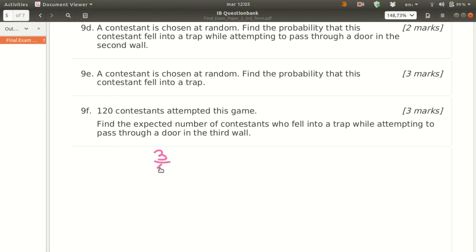It's 3/4, making it past the first, times 3/5, making it past the second, times 1/2, failing at the last one. So this is the probability that you fall into the last trap. And then to find the expected number of contestants, you multiply it by 120.